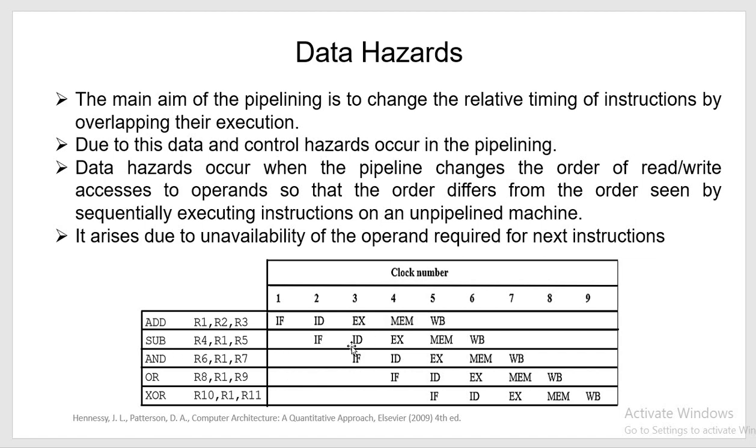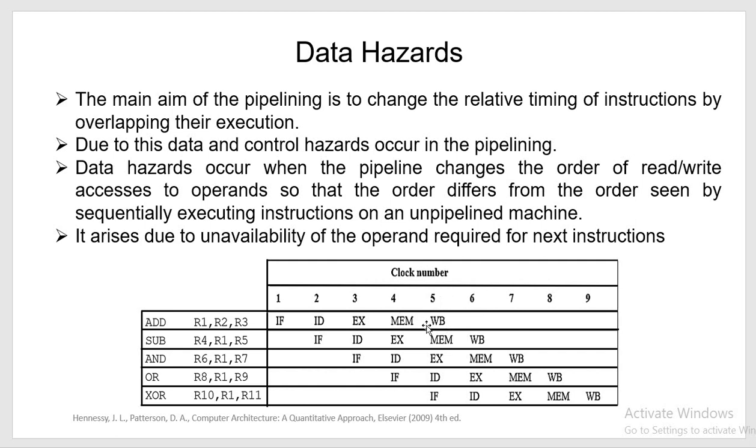As we know, during the decoding part, the second instruction requires the operands R1 and R5. They can be sent to the next execution stage for execution. If the processor reads the data of R1 in the third cycle, at this point the data is still not ready in R1, because the data in R1 will be ready only after the completion of the fifth machine cycle, in the write back cycle.